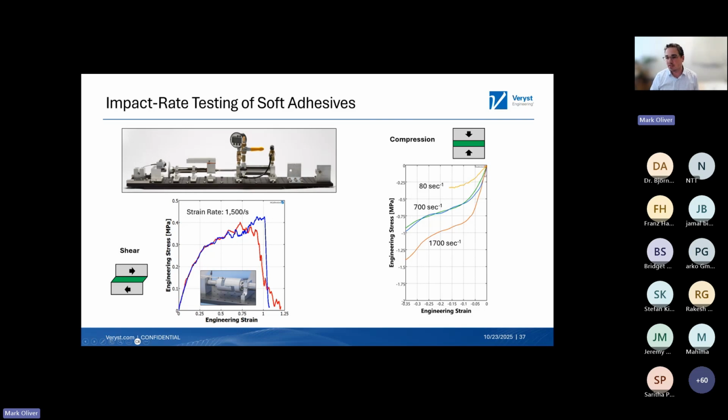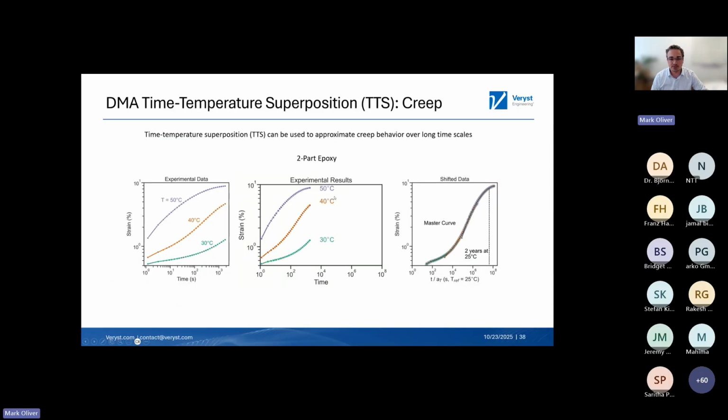So this is a soft adhesive, and you can see how as you go from 80 to 700 to 1700 strain per second, the material becomes much stiffer and stronger. And so again, for a lot of this high rate testing, there aren't good standards. You've got to get creative in how you do the experiments.